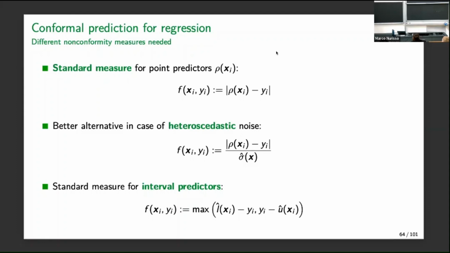If my true y is above the upper limit of my interval, then I'm penalized for it. If I'm below the lower bound, I'm also penalized. And if I'm in my interval, then this nonconformity score has quite a low value. So that's the only thing that changes in conformal prediction for regression.